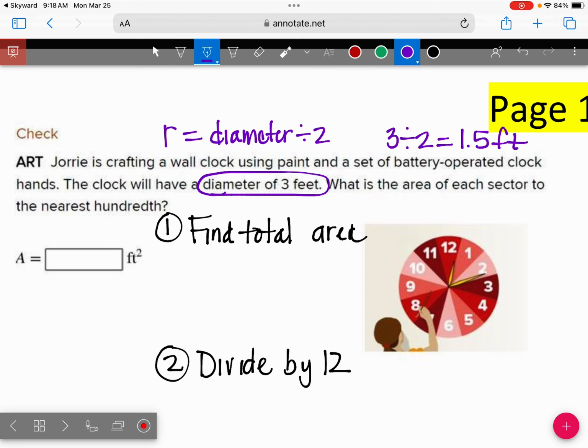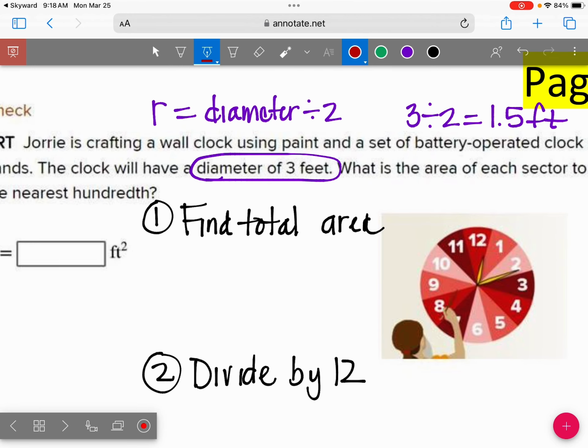So when we find our area, it is going to equal pi times 1.5 squared. Go ahead, type that in your calculator.